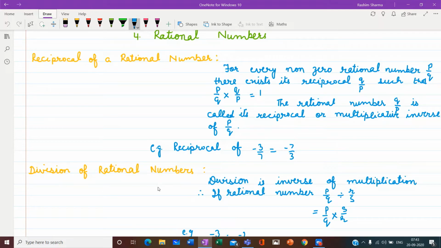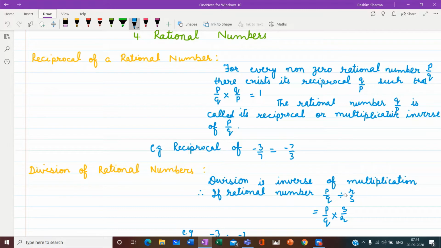Alright. Now what is division of rational numbers? Division is inverse of multiplication. Inverse of multiplication, you have read here multiplicative inverse. So if rational number p upon q is divided by r upon s. Now the thing is, for which number you have to write inverse?